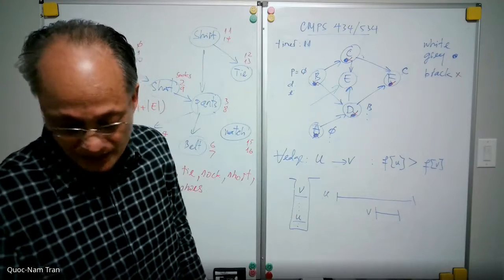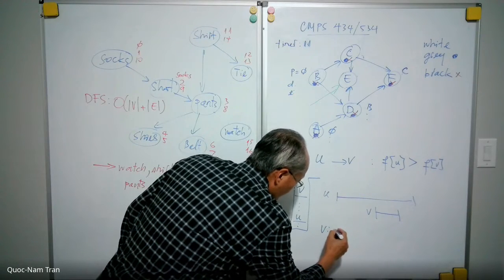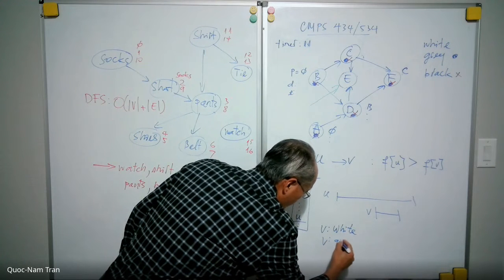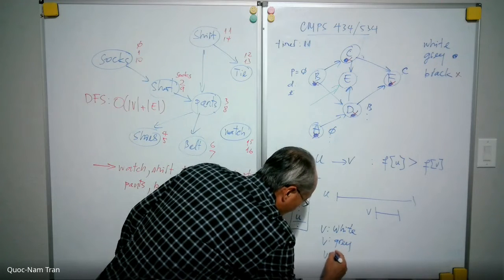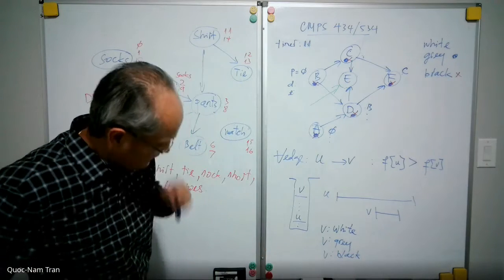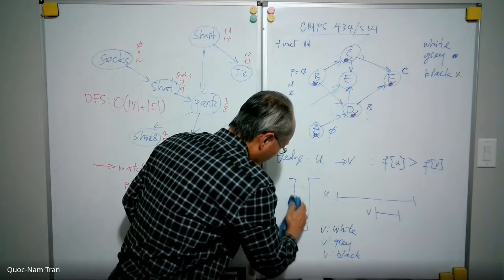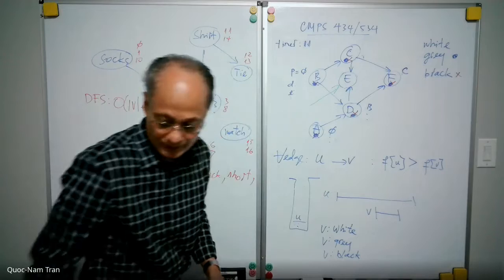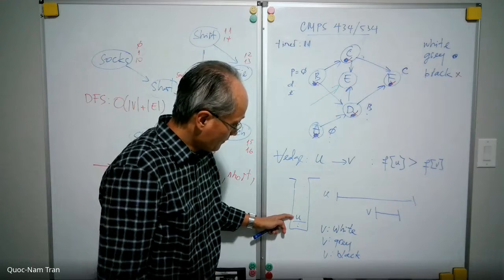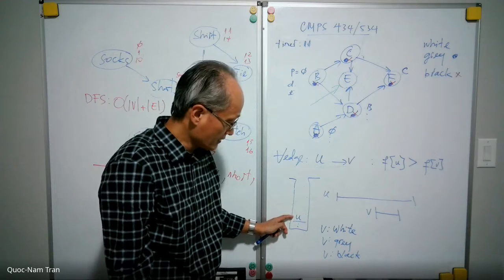The other conditions: we just took care of v being white, right? V is gray and v is black. What does it mean that v is black? We have u, we touch the edge, and now we look for v, which is an adjacent vertex of u.